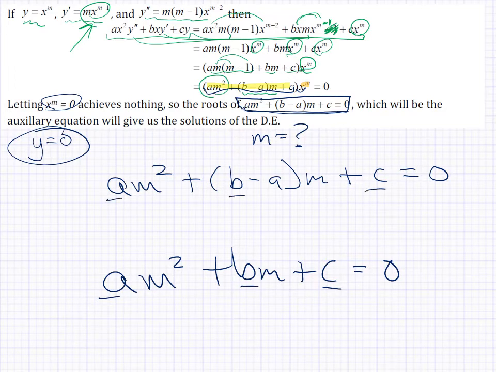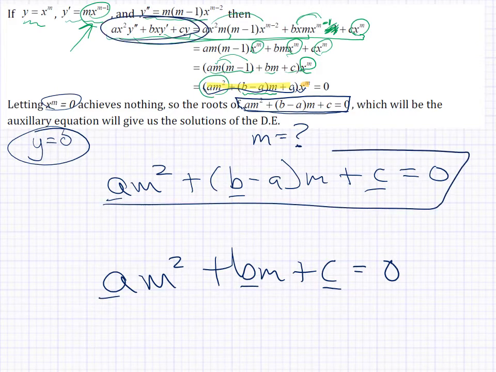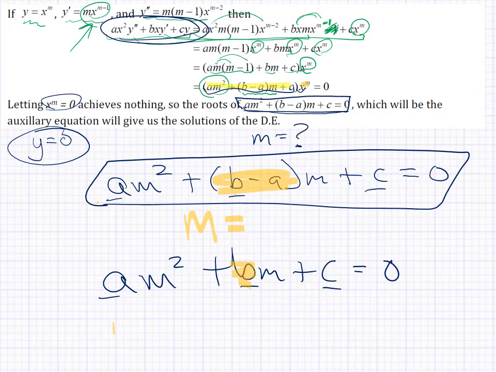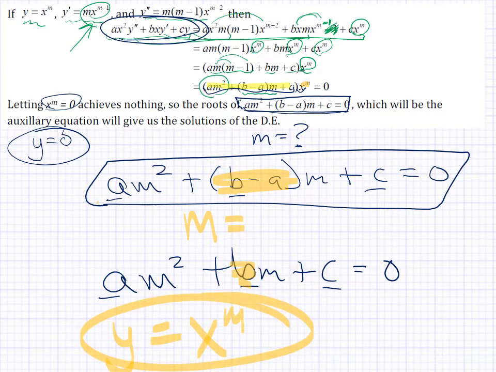A, b, and c all come from the original differential equation that looked like this. So we have a different auxiliary equation. The big difference sits right here in the linear coefficient. Once we have that, we know that if we solve this for m, there are 3 possibilities. And once we figure out what m is, then y equals x to the m should solve the differential equation.